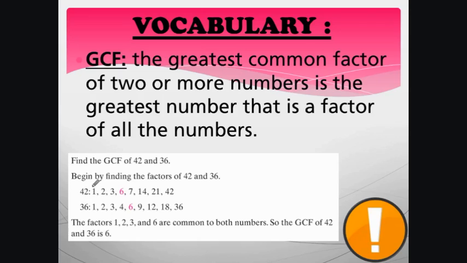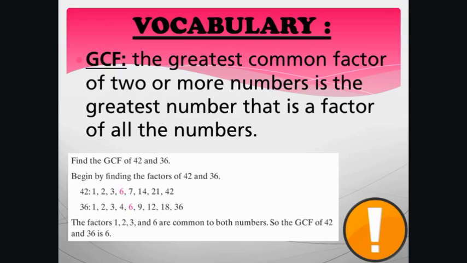So in 42, these are all of the factors that go into 42. And for 36, these are all the factors of 36. Once we have them all listed out, we're able to identify that both numbers have 1, 2, 3, and 6 in common. So the greatest common factor, the largest number that they have in common, is 6.